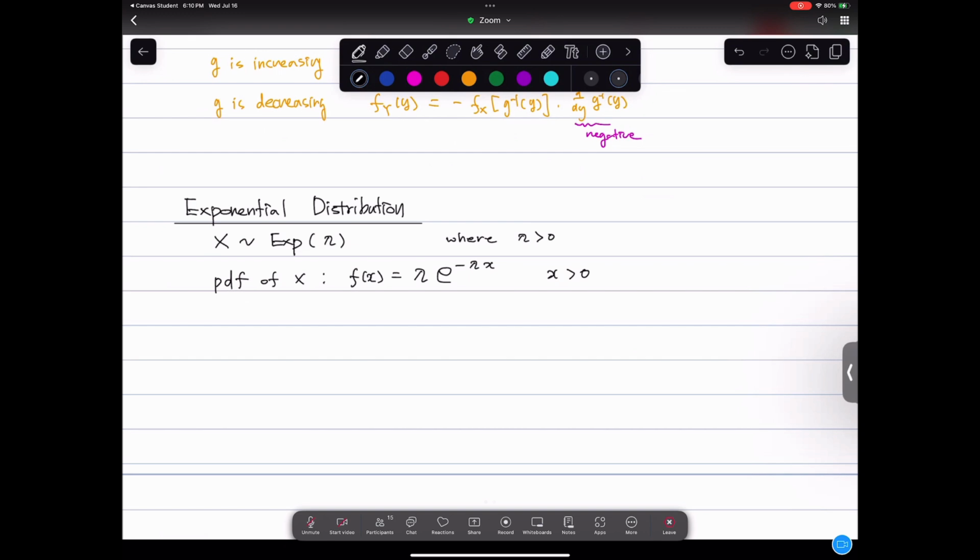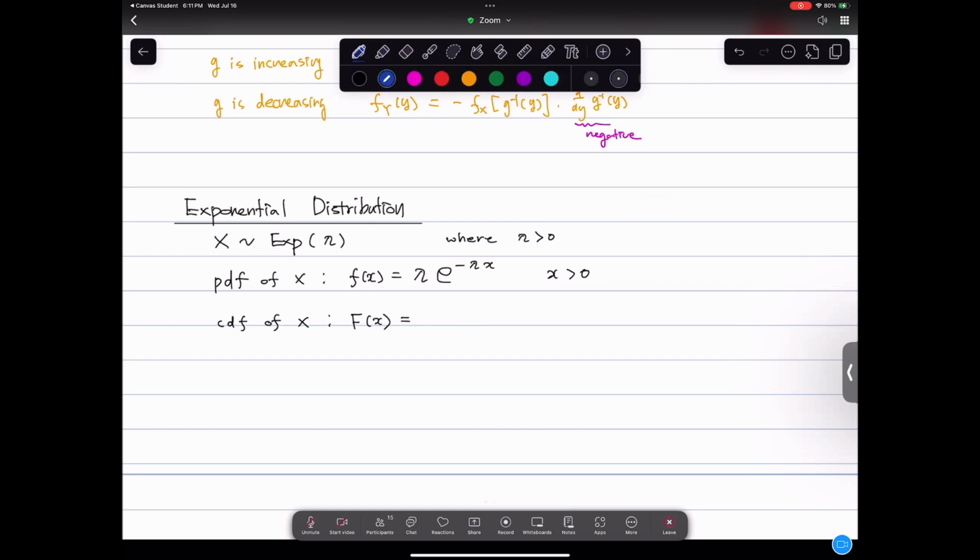Not only this, we also get the CDF of X, and it's a closed formula, in fact. This means I'm trying to find a probability of X less than or equal to some number. Let me briefly show it to you.